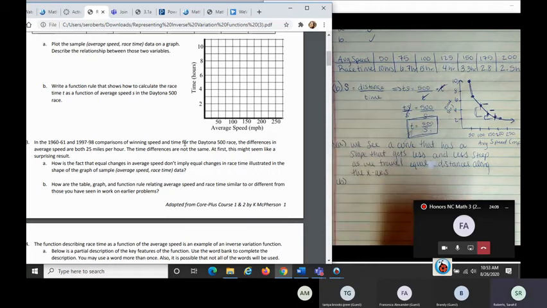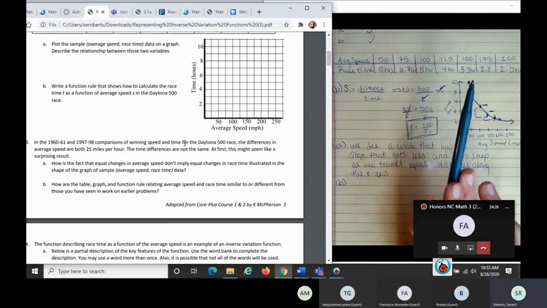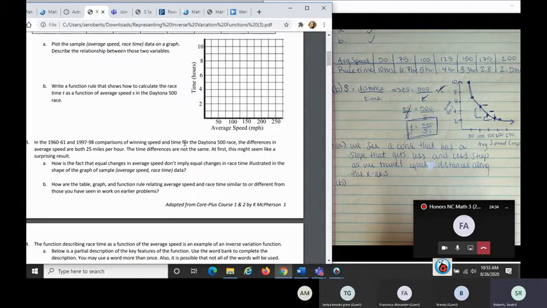It's basically saying we looked at a table, a graph, and a function rule, and it's asking how these are similar to or different from other inverse variation functions we've looked at. Like last week, we looked at a bunch of inverse variation functions. What do you see that's different or the same?